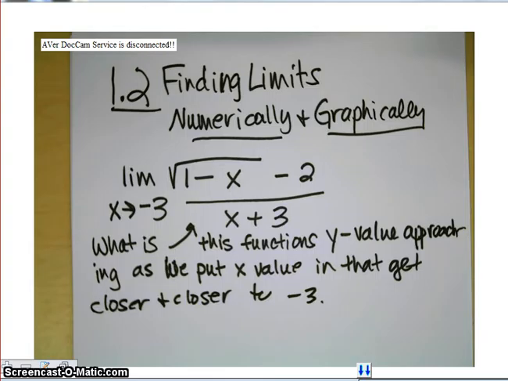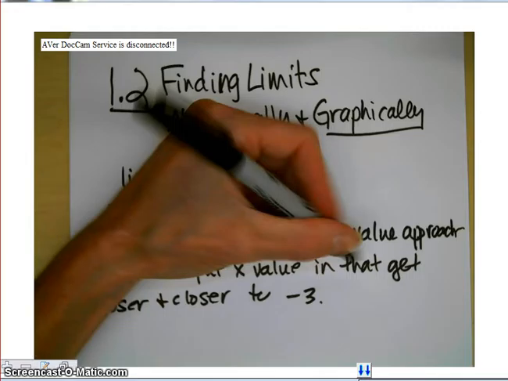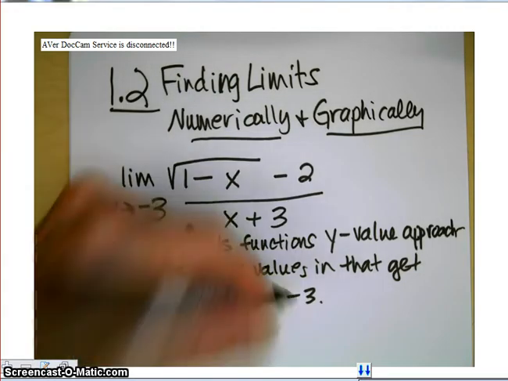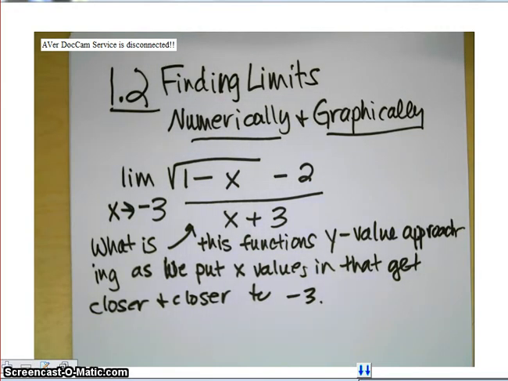That is the question you want to answer. And that's the question every time you're asked a limit problem.